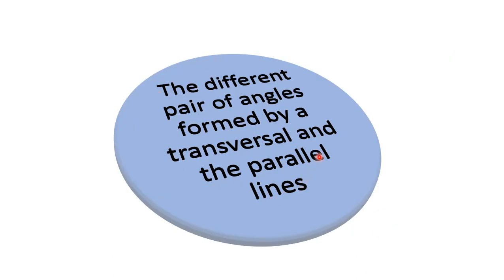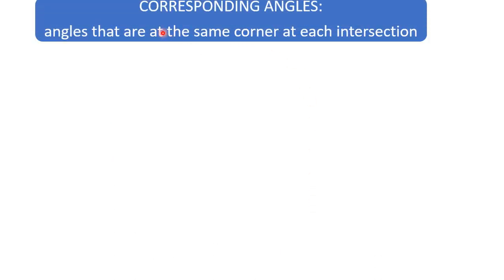So what are the different pairs of angles formed by a transversal and the parallel lines? Let's talk about this. Here first is corresponding angles. The meaning of corresponding angles is the angles that are at the same corner at each intersection.